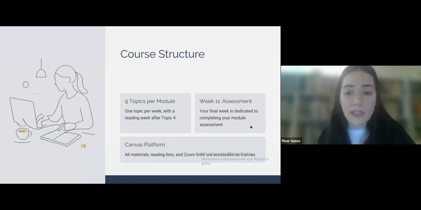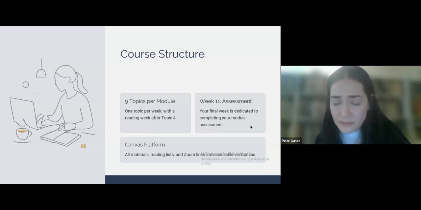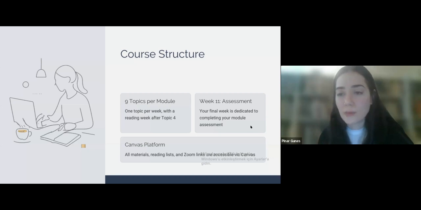And at the end of topic 4, which corresponds to week 4, we have a reading week. That will be week 5. And then again, we have the topics, and then the module ends on week 11, where we will have the assessment. So week 11 would be dedicated to completing the module assessment.